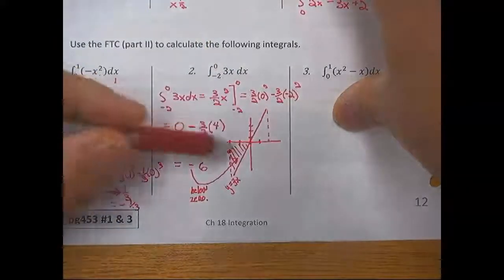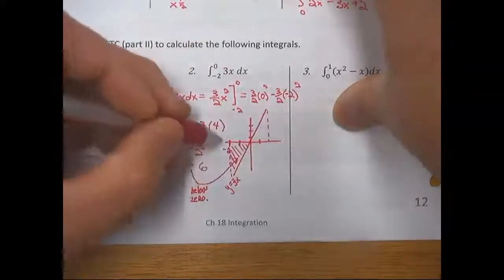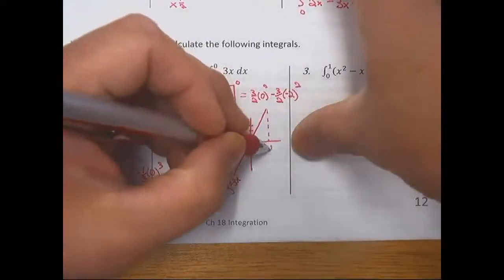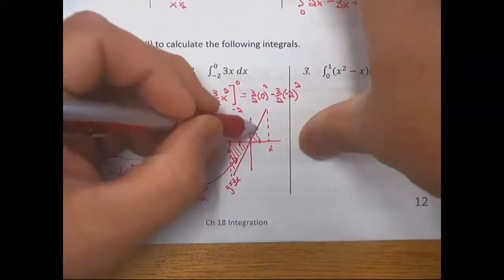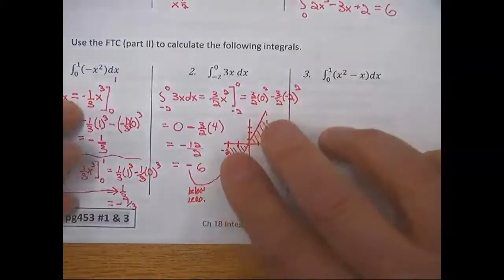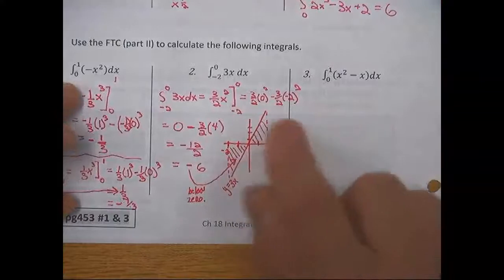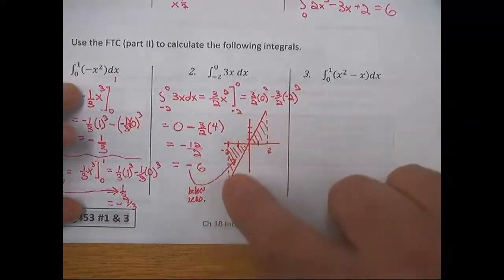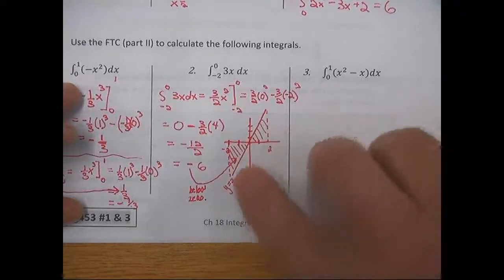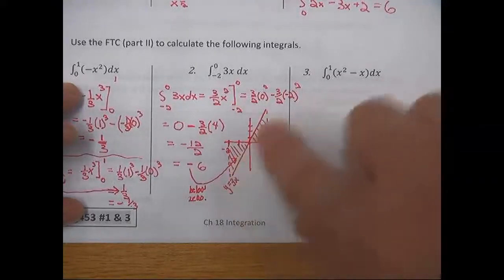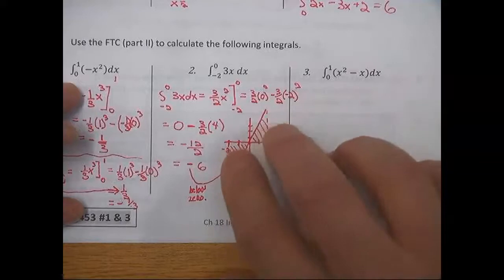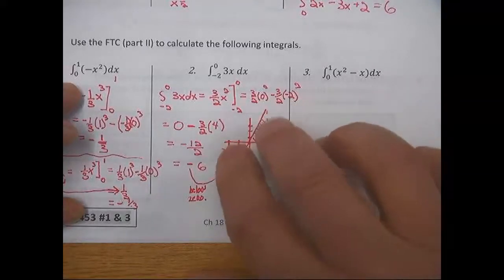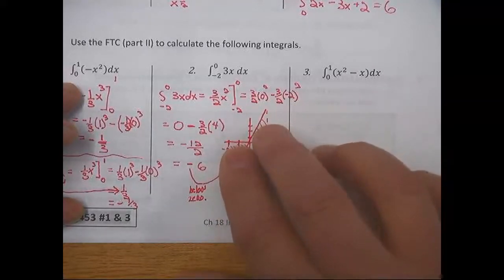Okay, if we did the interval from -2 to 2, these two areas would cancel each other out. But there are situations where you don't want that to happen. The whole reason is when we do velocity and when we start doing the antiderivatives with applications, there are times where we don't want the net area, we want the total area.